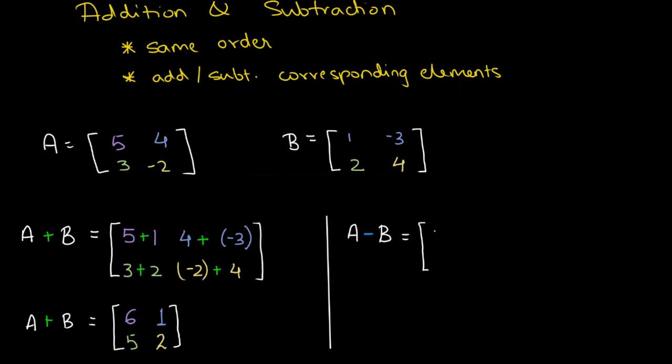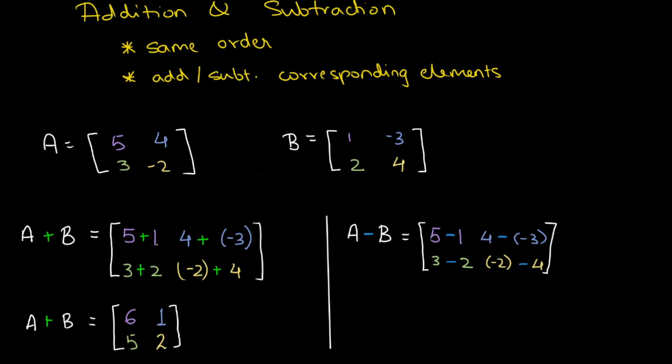So it's going to be 5 minus 1, 4 minus 3, right? 3 minus 2, and finally I'll have -2 minus 4 as my last element.